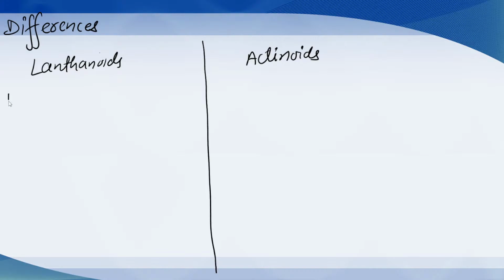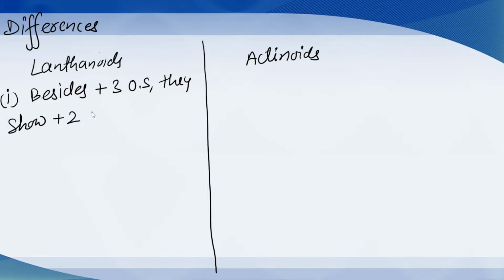First, the common oxidation state is +3, but besides the +3 oxidation state, lanthanoids show +2 and +4 oxidation states only in a few cases.